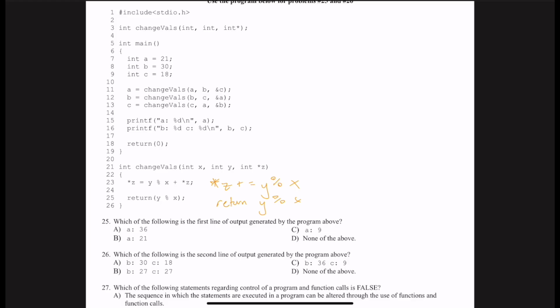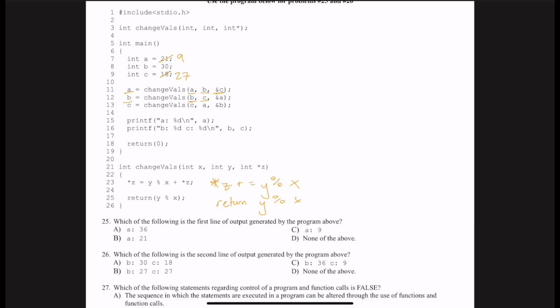So, looking at line 11, we have b mod a, 30 mod 21 is 9. So that's going to be the new value of a. We're also going to increase c by that number, so from 18 to 27. Now at line 12, we have c mod b, 27 mod 30 is 27.